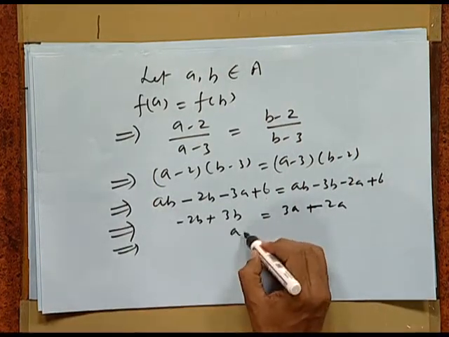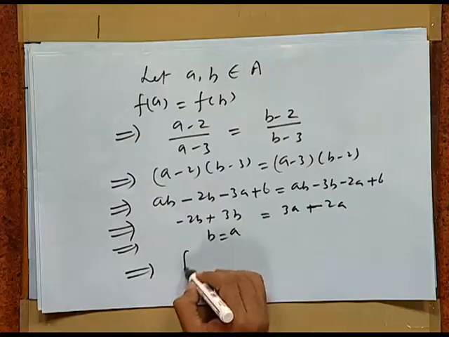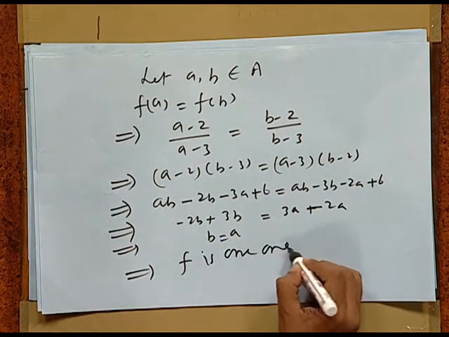Ultimately, b becomes a. Thus, we have shown that whenever f(a) is equal to f(b), we get a is equal to b, and hence f must be one-one. So, the answer to the question is indeed f is one-one and onto, and the justification is given in the proof itself.